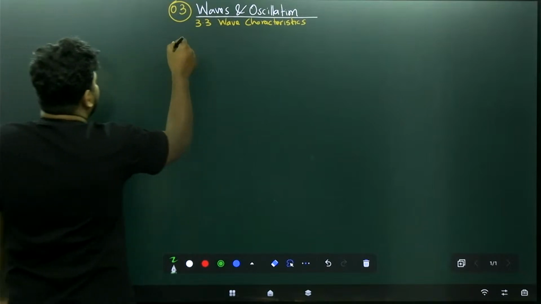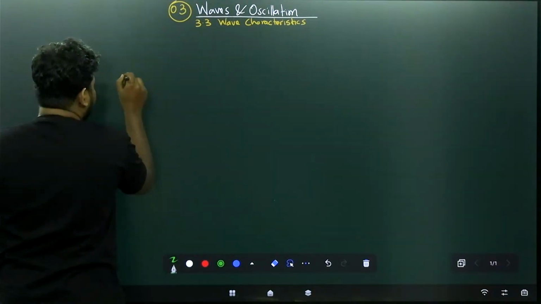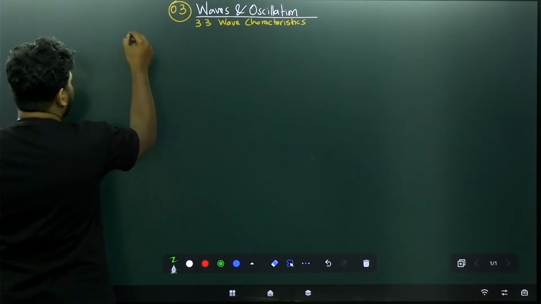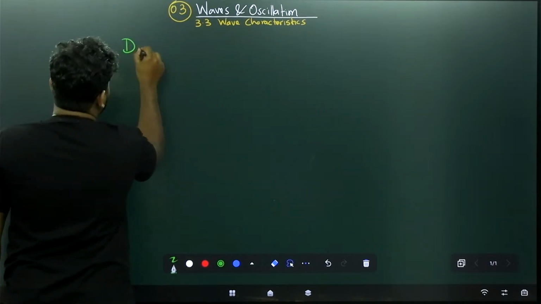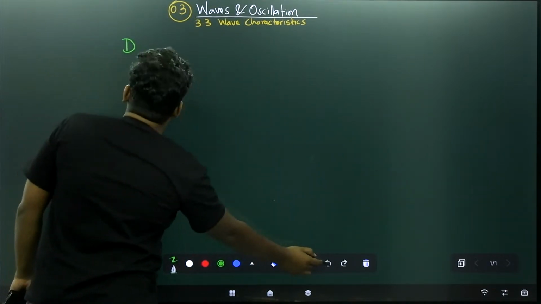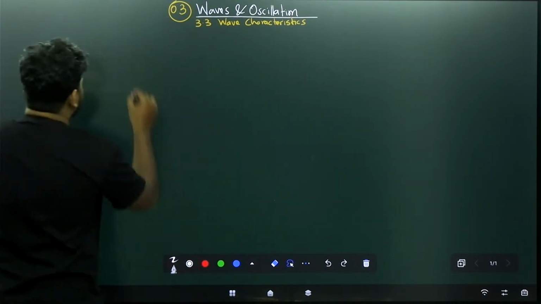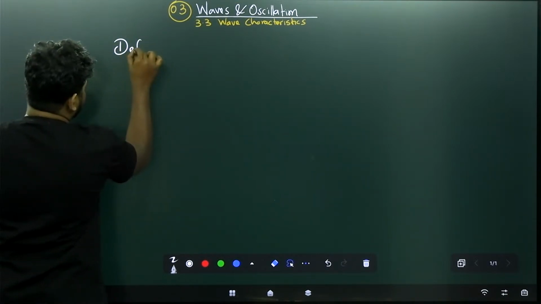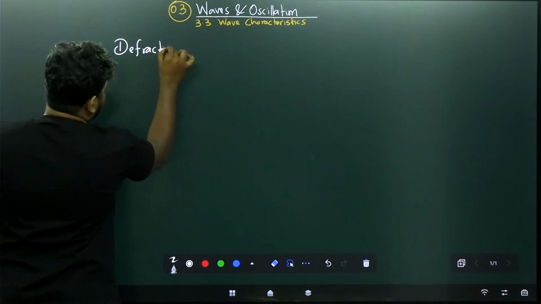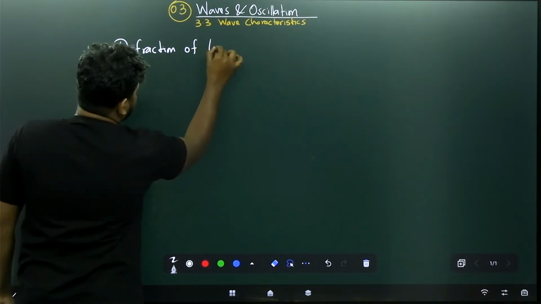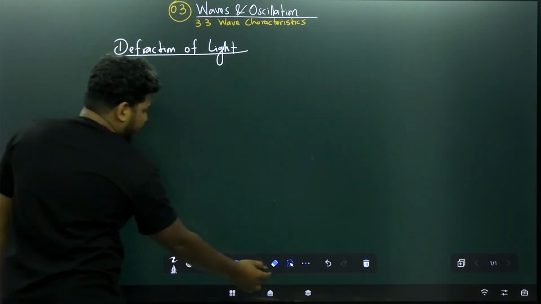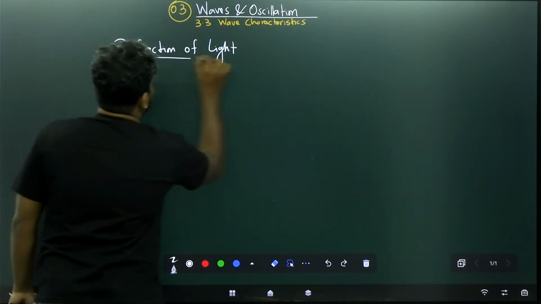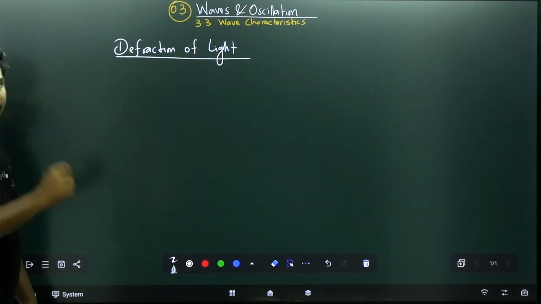So diffraction means, look at this one. We'll come from the diffraction of light. First of all, let's study this part.